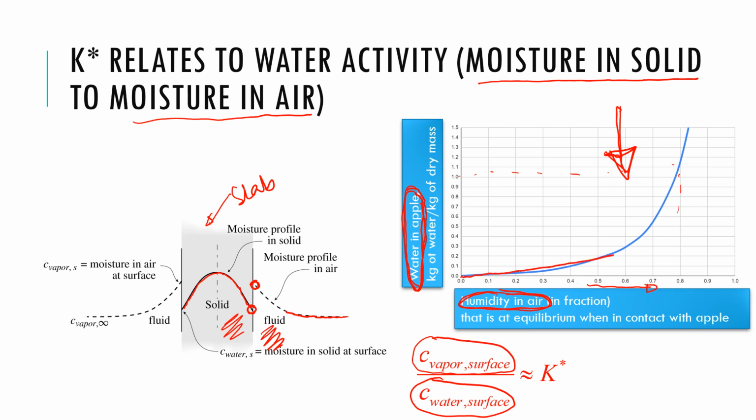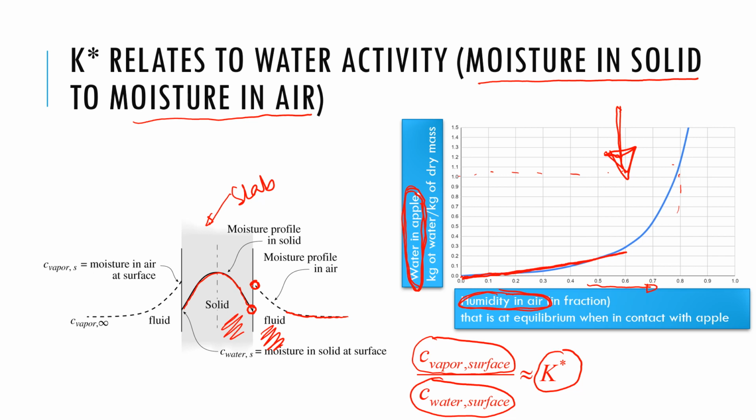So if we think of approximating it by a line, then it has to do with the slope of this curve. And so K star comes from the particular material.